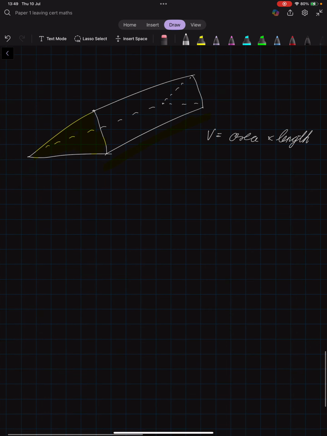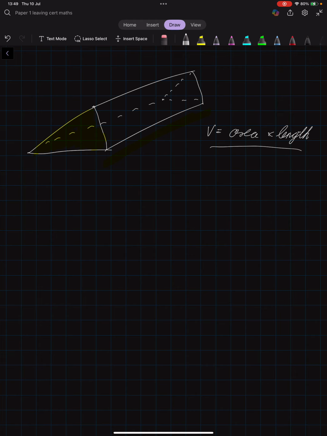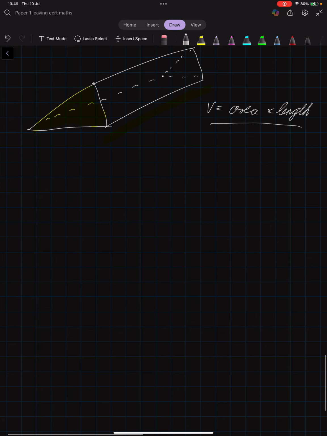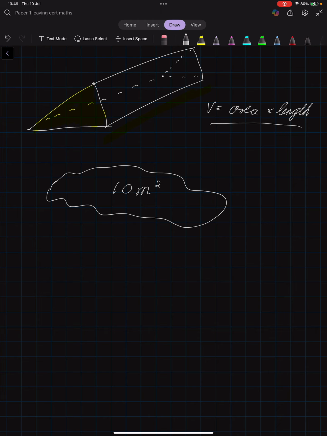I'll give a concrete example of this in a second when it comes to cylinders, but if you have any sort of weird shape like this, if this is 10 meters squared for the area, and then you're told that it's 5 meters high, then the volume is just 10 times 5, which is 50. Okay? So that's the only thing to note with one of those.